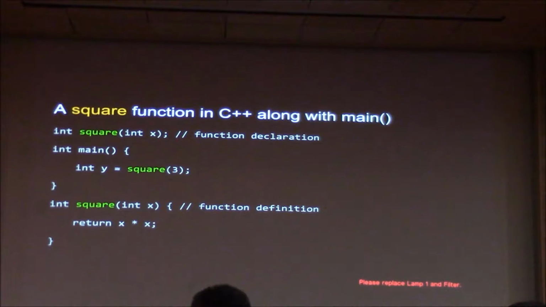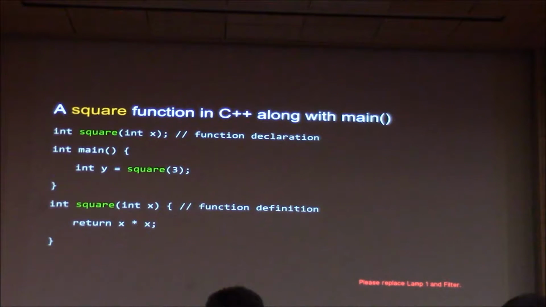But if you have the function definition of square before the main function, you don't need that declaration, because the compiler again starts reading from the start of the file. And when it comes to main, it would already know what the function square means, because you have already defined square.